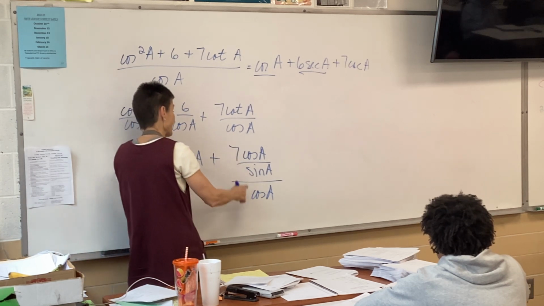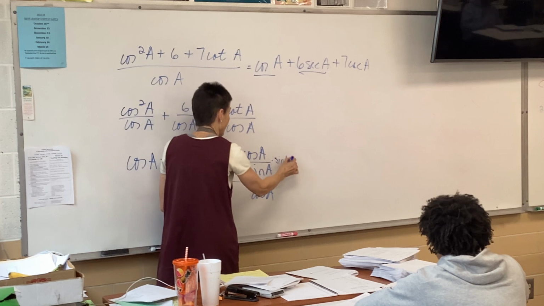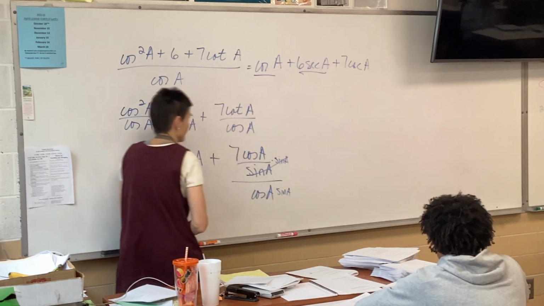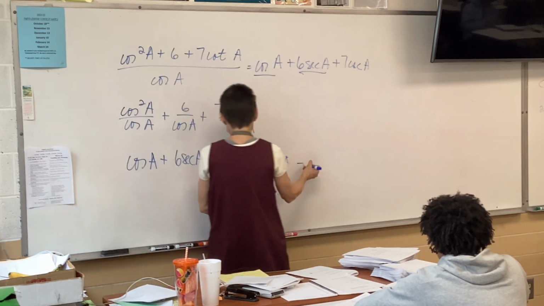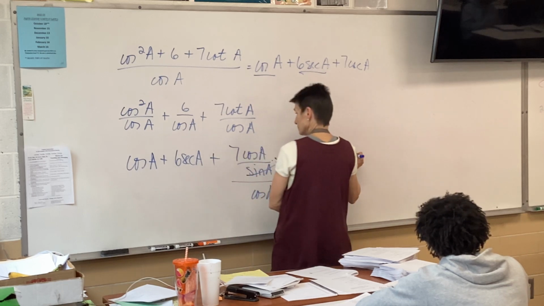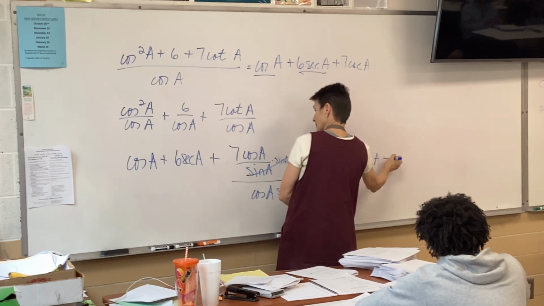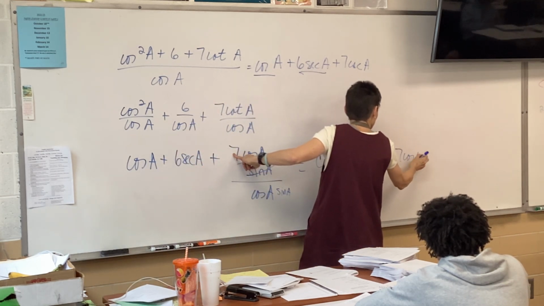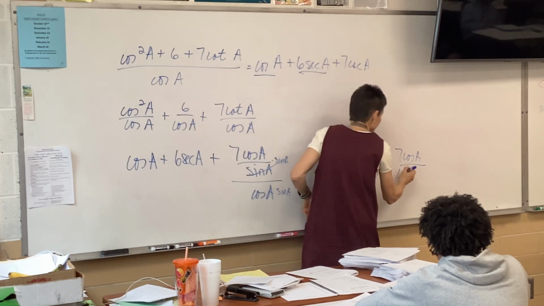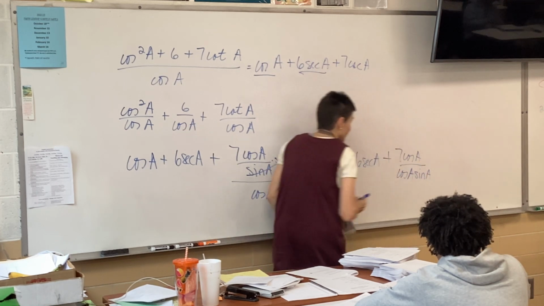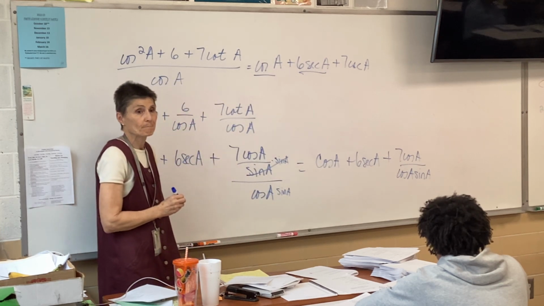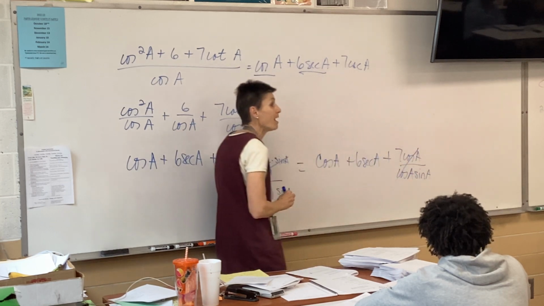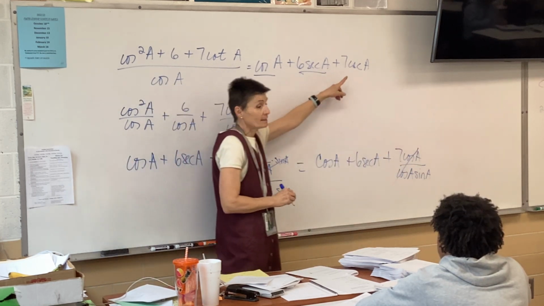So if I multiply by sine, since that's my common denominator, I'm going to be left with 7 cosine over cosine sine. Are you keeping up? What's that? 7 over sine, which is 7 cosecant.